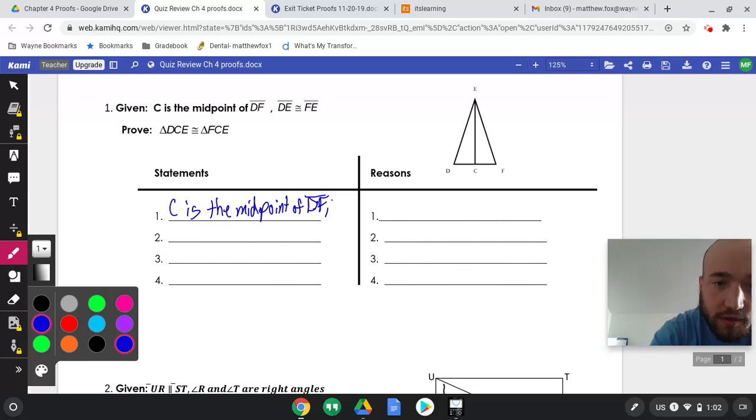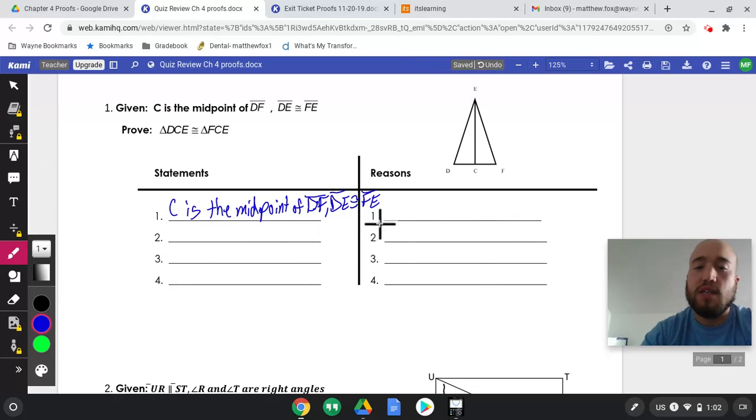Then I'm going to put also that DE is congruent to FE. I kind of ran out of room, but that's okay. Now, I want to mark that DE is congruent to FE. Let's mark that on there. That's one side mark. And this all is my given.